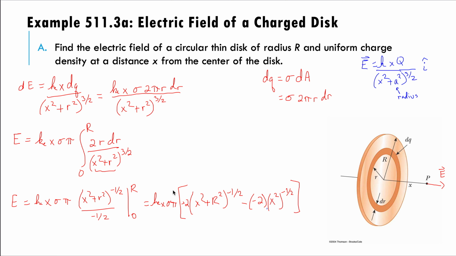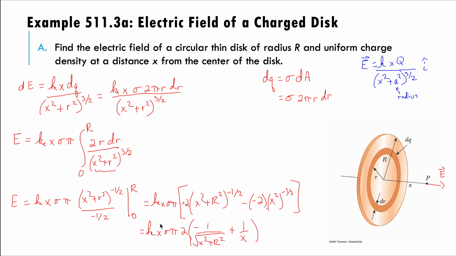So let's simplify this a little bit more. We're going to get ke x sigma pi, and let's go ahead and factor out a 2 already. And then we're going to get negative 1 over the square root of x squared plus r squared, and then we're going to get plus 1 over x.